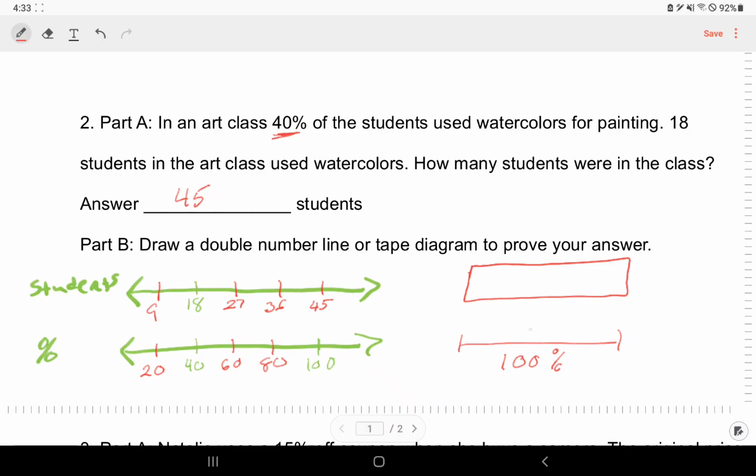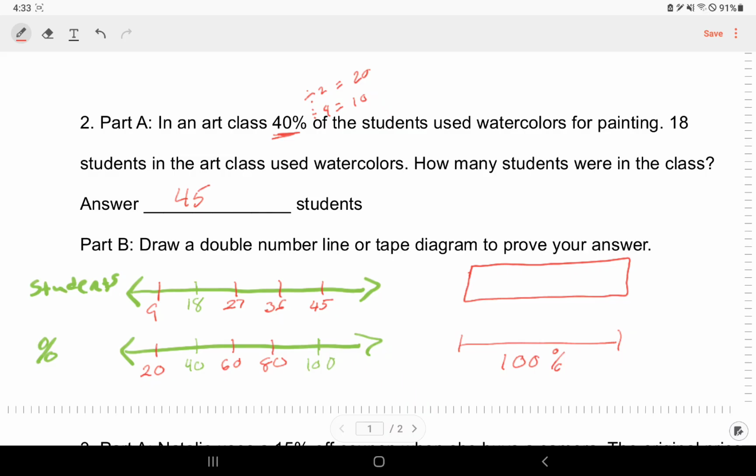But just like with the double number line, it's not going to be 40 because I can't do 40 and 40 and 40 to get 100. That's going to be too much. But if I split 40 divided by 2, I get 20. Well, I can split this into 20s and get to 100. I could do divide by 4 and get 10s. And 10s will be 100.